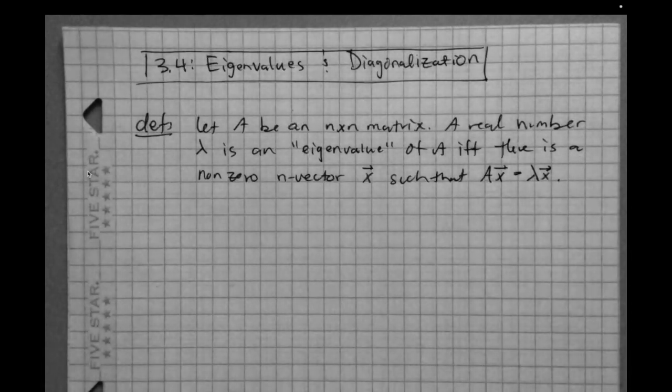Okay, so that's what we mean by an eigenvalue. An eigenvalue is a real number that, when multiplied by a specific vector x, produces the same vector as the entire matrix A multiplied by the vector x.